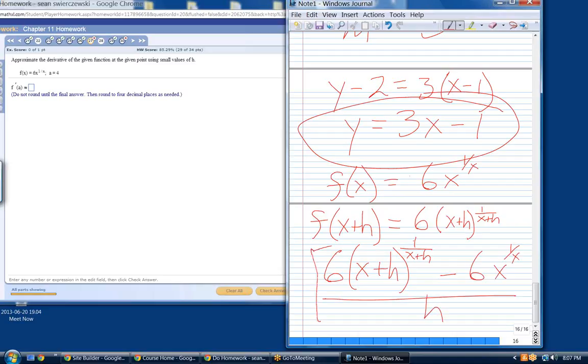So our function that we're going to have to evaluate at this lower limit, put that into your calculator and try an h of 6 zeros after the decimal point. And try an x of 4. In other words, we're going to evaluate this at a equal 4 or x equal 4.